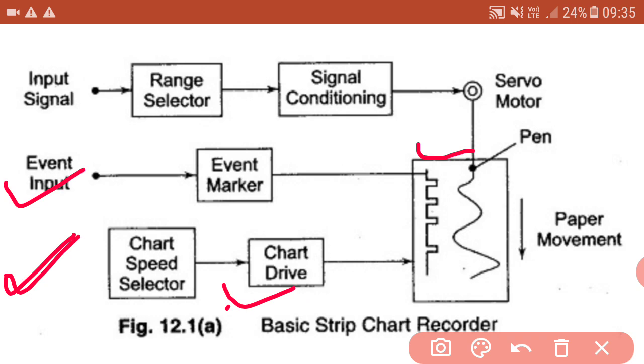It means paper movement is directly proportional to the chart speed selector. So the chart speed selector will give the movement of paper. Okay, so this is the way the basic strip chart recorder is recording the data.